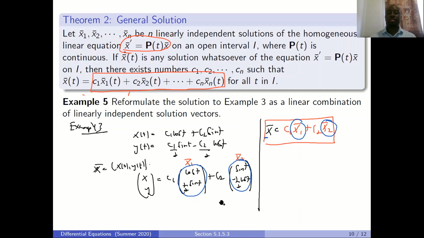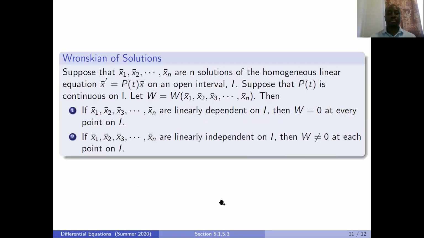We're going to use a Wronskian. And the Wronskian is going to be defined slightly differently. Let's just use 2 vectors to illustrate.